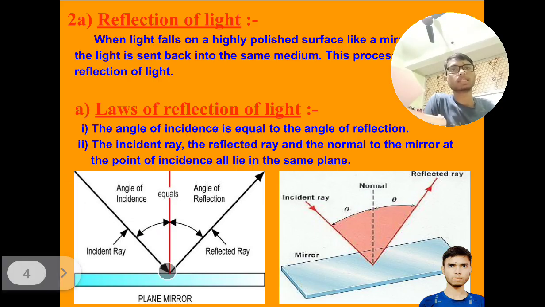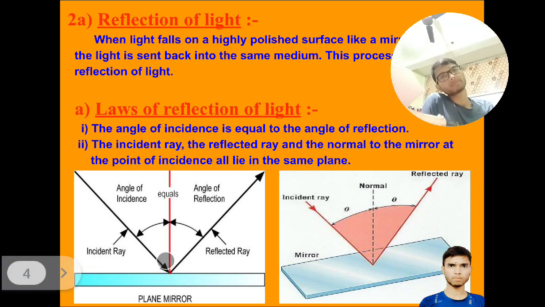You know what is the incident ray and what is the reflected ray. The first law is saying this angle will be equal to this angle, and the second is saying that this incident ray, this normal line and this reflected ray, all will be on the same plane.